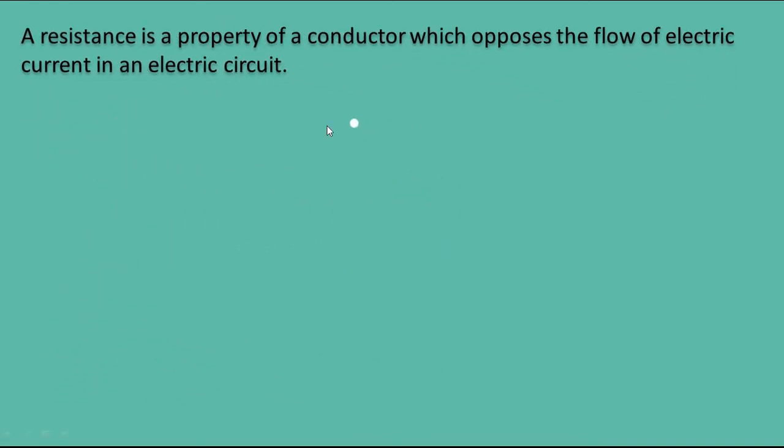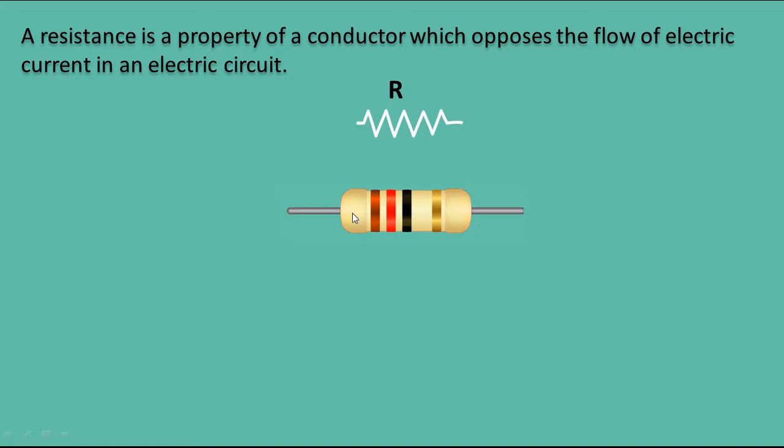A resistance is a property of a conductor which opposes the flow of electric current in an electric circuit. A resistance can be drawn as in the figure. This is the image of a 12 ohm resistance commercially available.